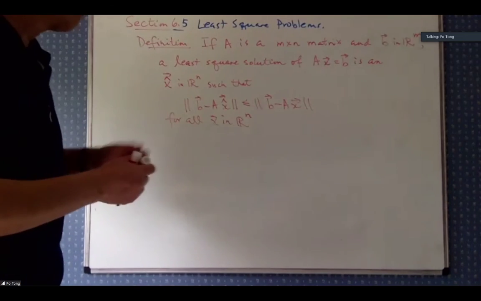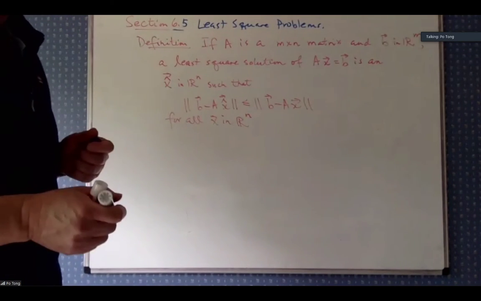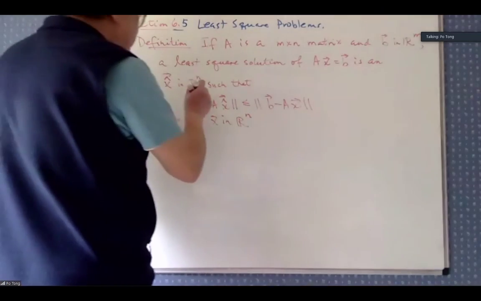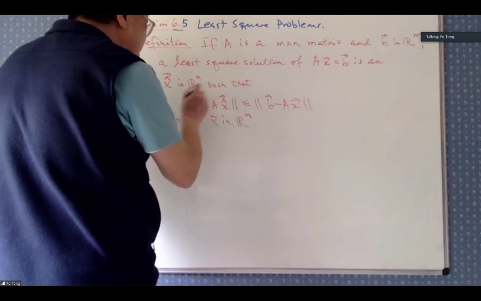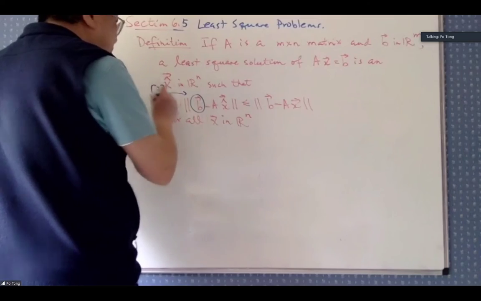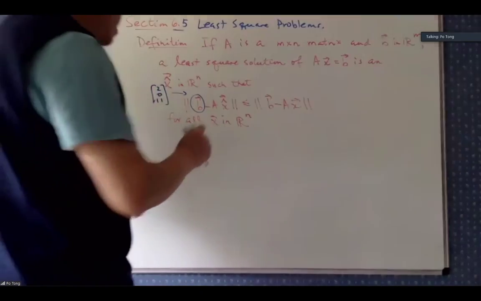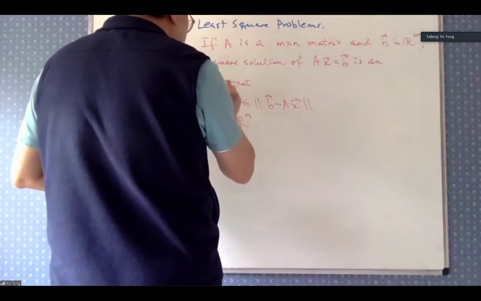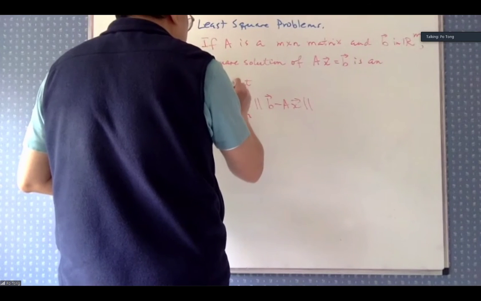The earlier example we have is, I believe this B here is 2, 0, 1, 1, if I remember correctly. And this X hat here is my 1, 2.